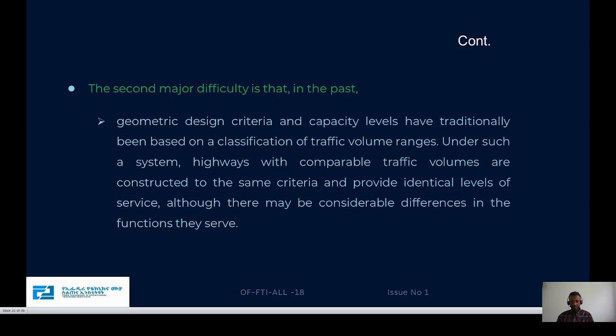If we take a high radius of horizontal curve, it is a high level, and if the geometric design is low, the horizontal curves provide a lower class standard like local roads. So roads were classified based on geometric design criteria and capacity levels, but now they depend upon the function they serve.